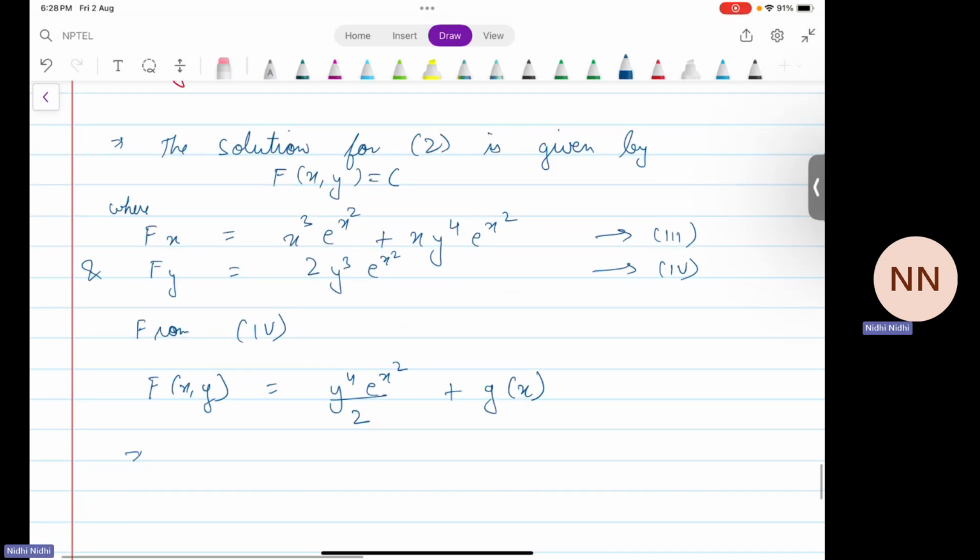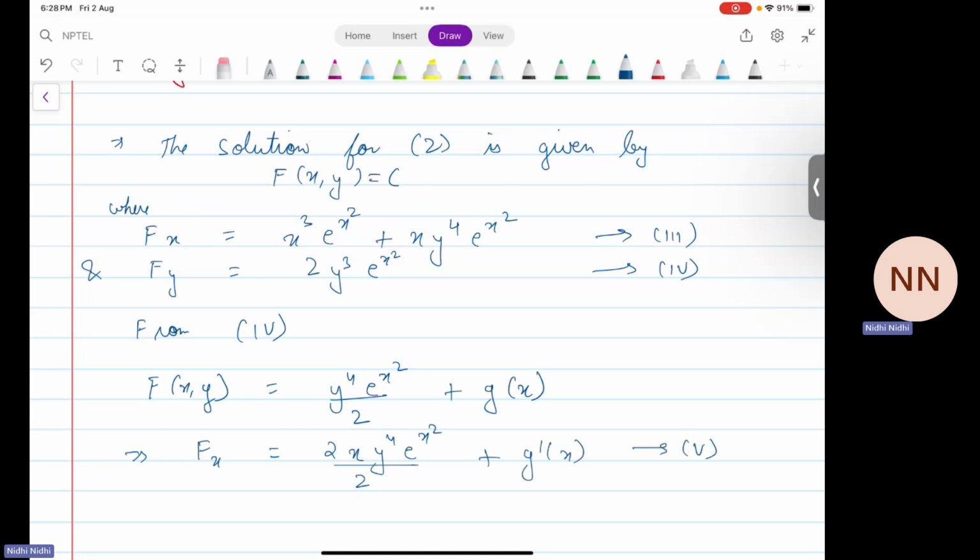This gives us the partial derivative of f with respect to x is equal to 2x y power 4 e power x square by 2 plus g dash x.